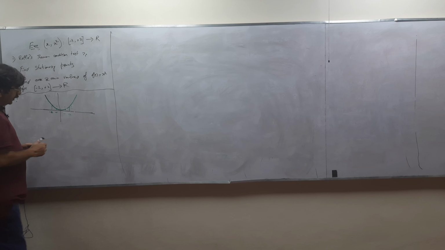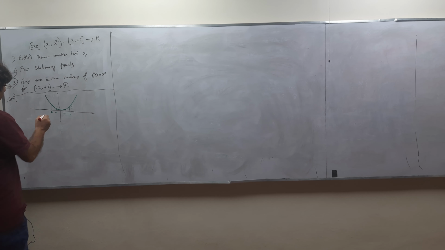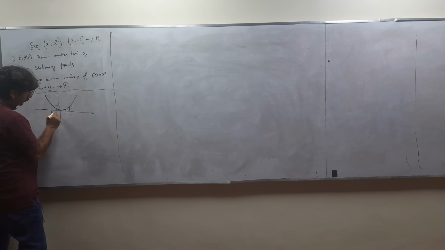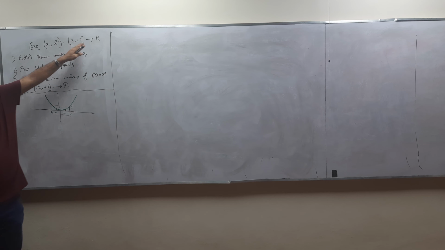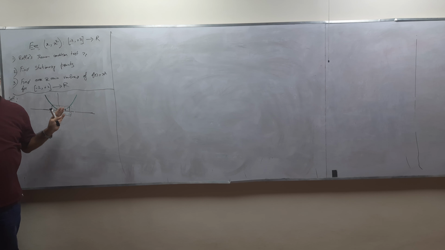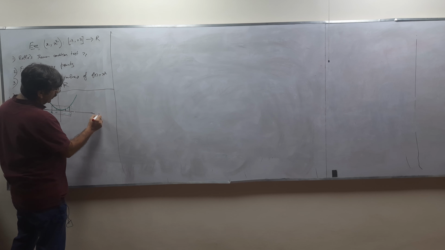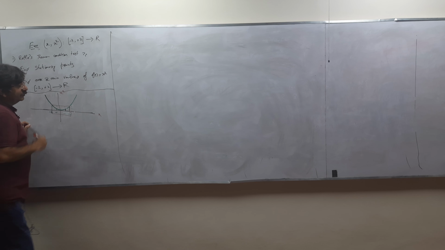Because for range, all the space will be used in the reals, because we are considering real numbers, but the domain is from minus 2 to 2. This is the domain element, that is x, and this is the range element, that is x square.